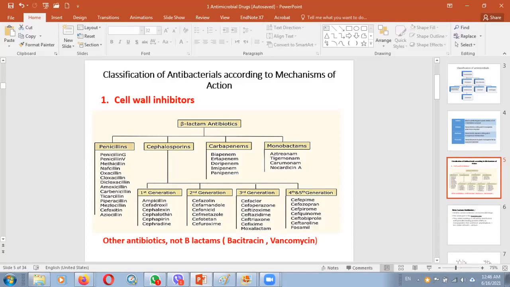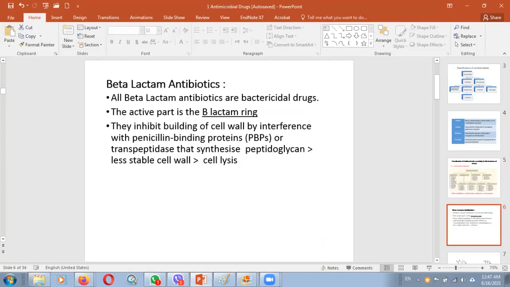There are also other antibiotics that follow the beta-lactams. They don't belong to the beta-lactam antibiotics group, yet in spite of this they work on cell wall inhibition. Examples are bacitracin and vancomycin.